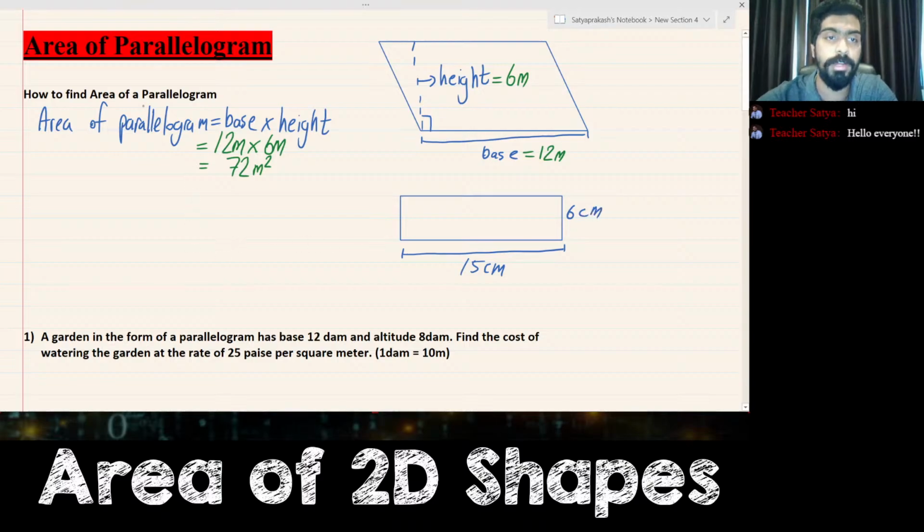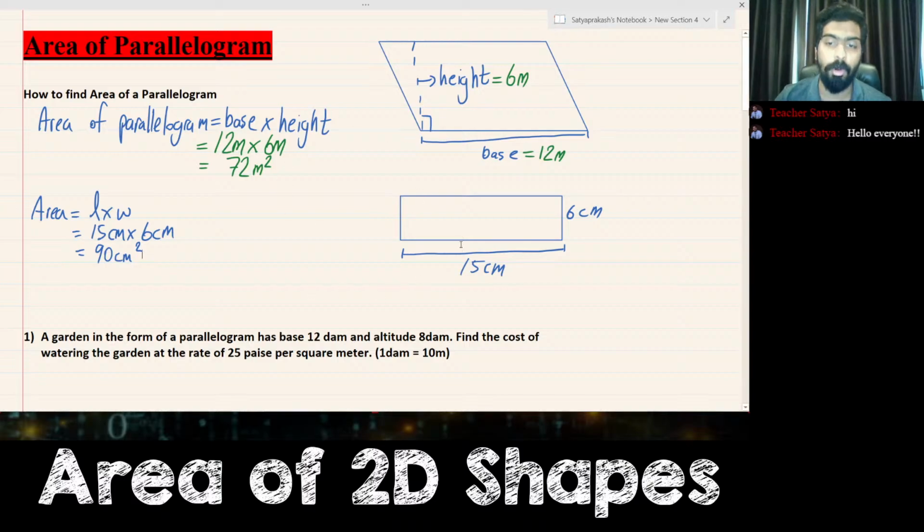The area would be length times width or height, which is 15 centimeter multiplied by 6 centimeter, which is equal to 90 centimeter square. Pretty straightforward. Finding the area of a parallelogram would probably be one of the easiest that could ever be.